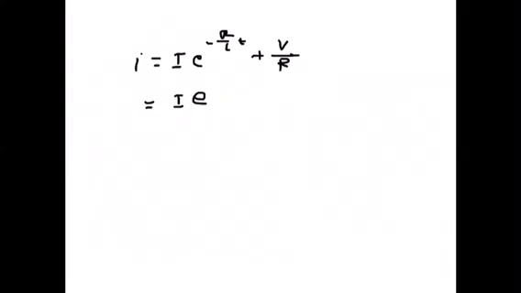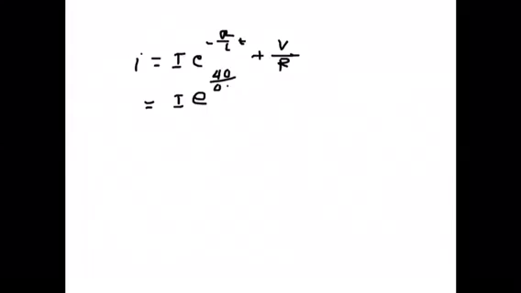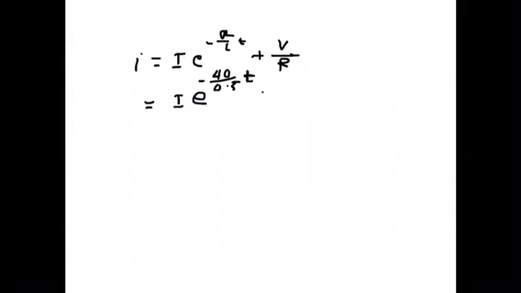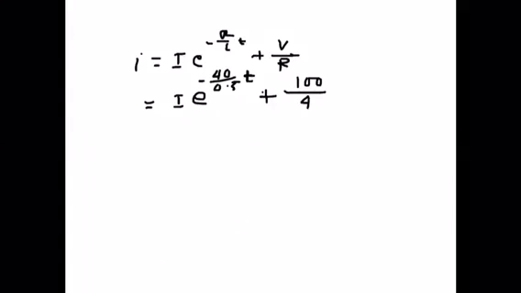So the total solution will be i equals I e to the power minus R over L t plus V over R. Of course I we don't know yet, e to the power minus 40 over 0.5 t, that's a negative, plus V is 100 over this R, which is again 40.